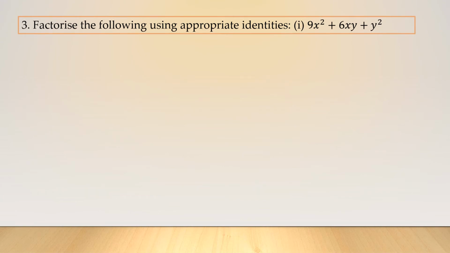Now let's do the third question. The third question is, factorize the following using appropriate identities. In the first two questions, we have used the identity to find the product. Now we will do the factorization by using the identity. The question is 9x square plus 6xy plus y square.